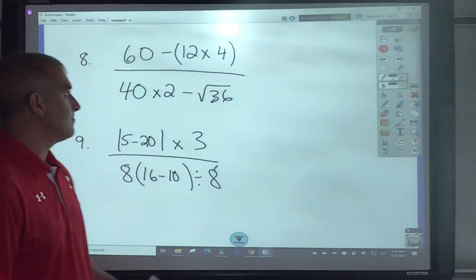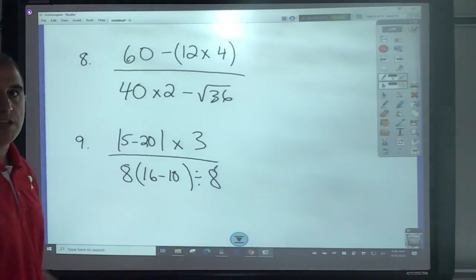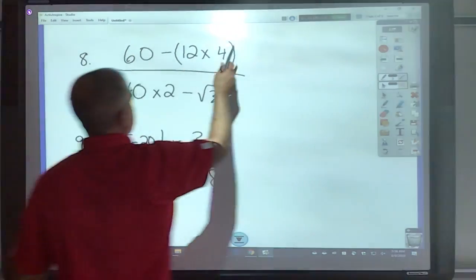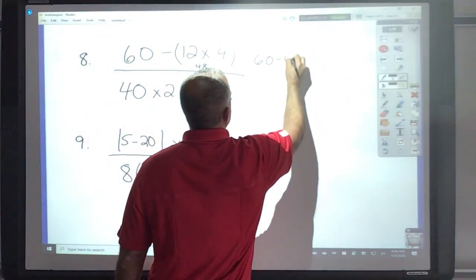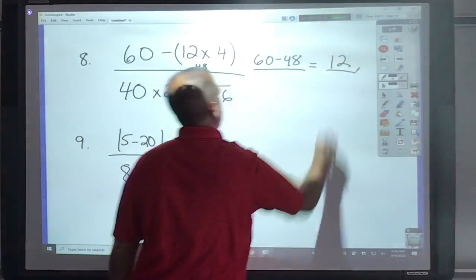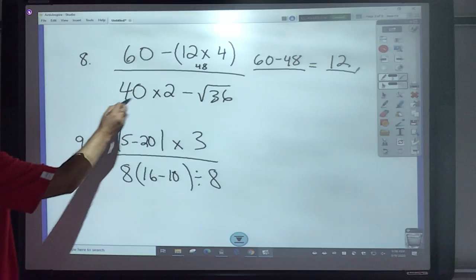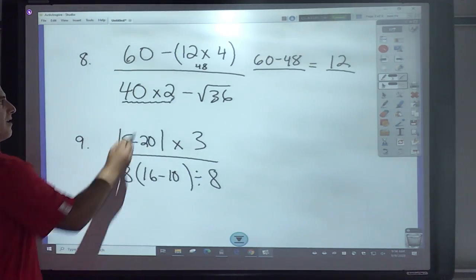Okay, now, what I would do is I'm going to handle these individually, okay? So this would be 12 times that, which would be 48. So then I got 60 minus 48 up top, which would just end up being 12 up top, okay? Then for this, I would want to figure out what that is.